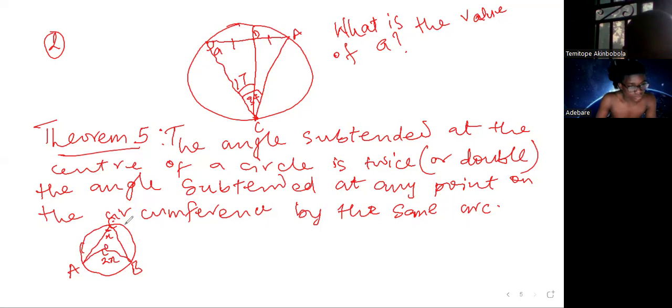The arc is AB, arc ACB. So in that context, it means that AOB equals 2ACB. AOB equals 2ACB. That's what that is talking about.